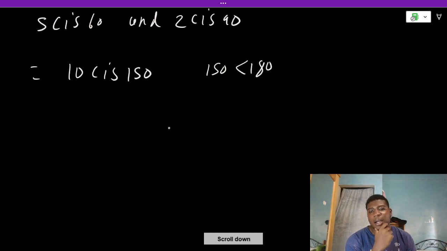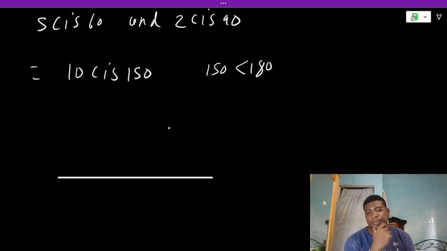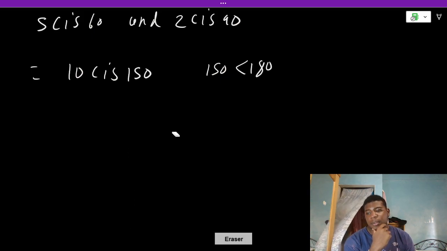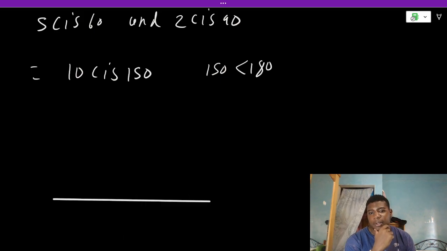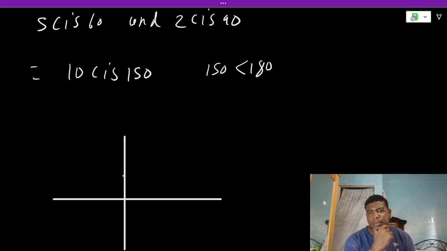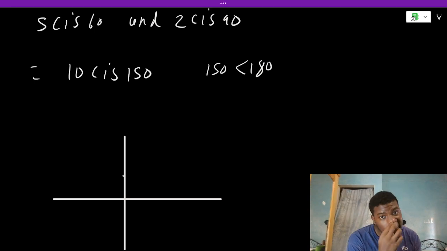So if you go to the Venn diagram now, you see. One position is here, because cis 90 is essentially just i, so it'll just be 2i.